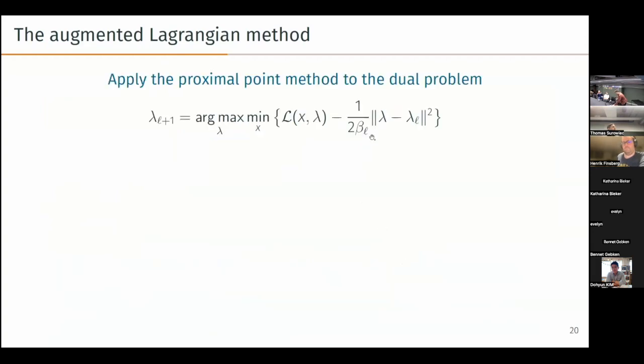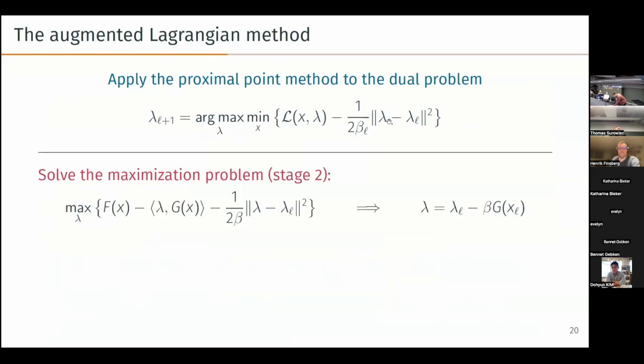So now let's just say I want to apply the proximal point method to that Lagrangian. Okay, so I am doing that on the Lagrange multiplier. So I have to add this quadratic term. And you can always do this, but under the appropriate assumption.